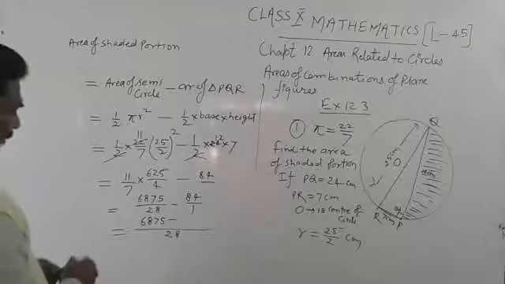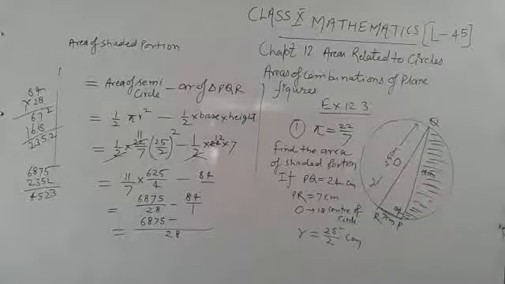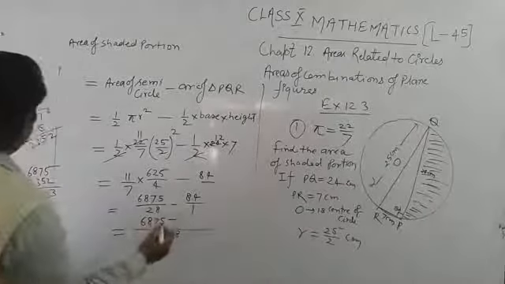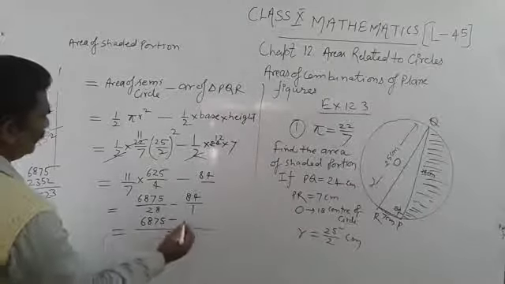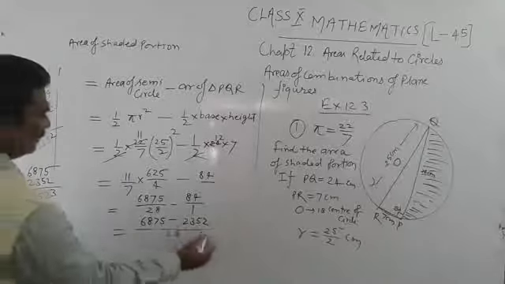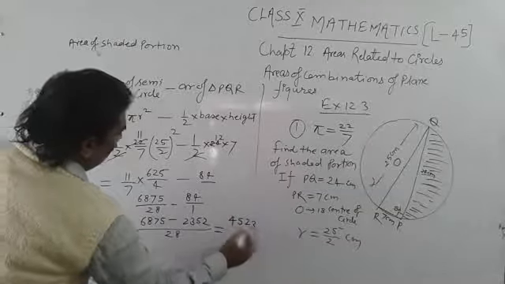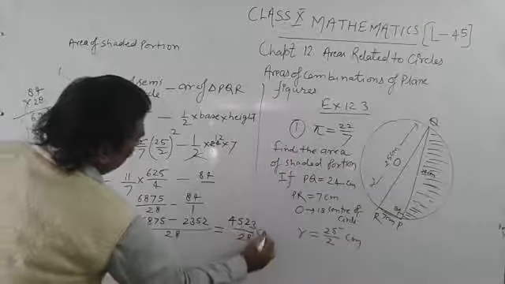So students, multiply this, right? So now students, after taking LCM, it will be 2352. Okay, now if you subtract this, you will get 4523 upon 28 centimeter square.